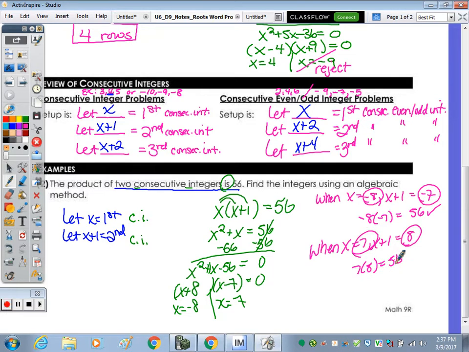Find the integers. The integers are -8 and -7, or 7 and 8.